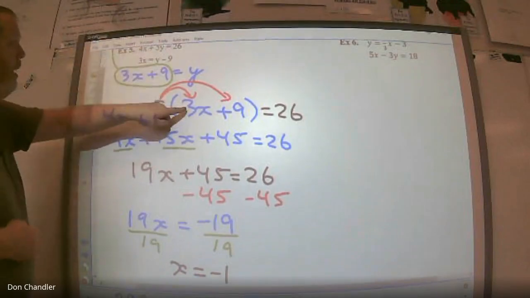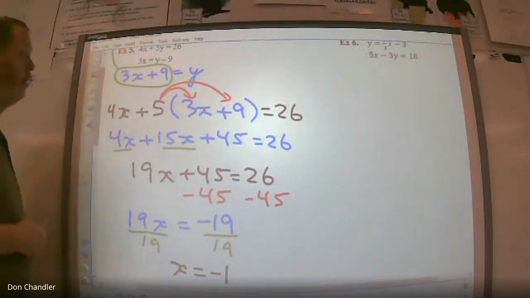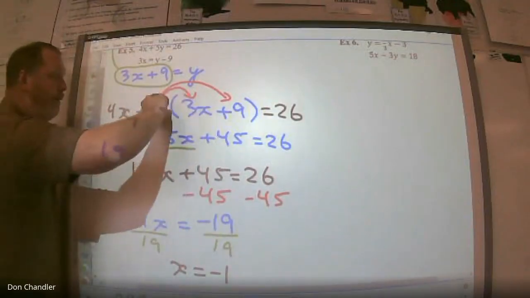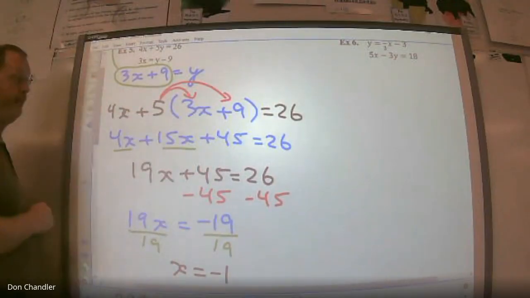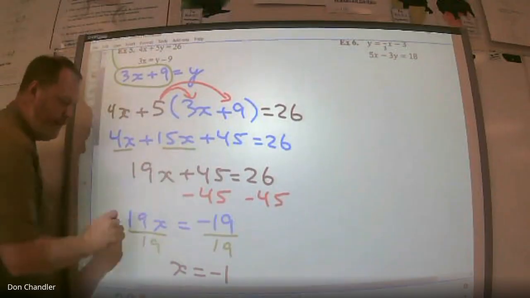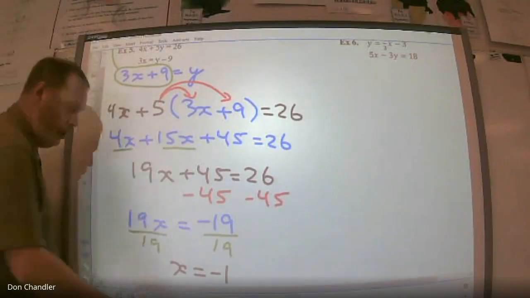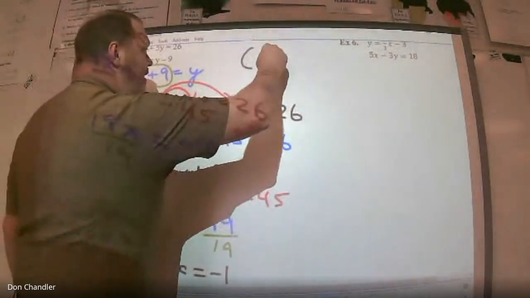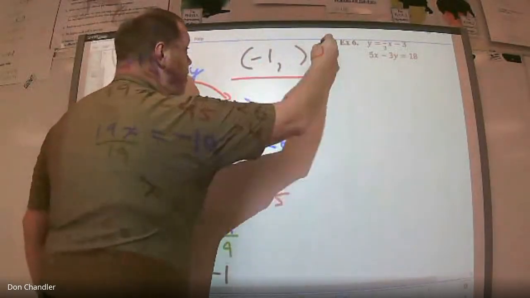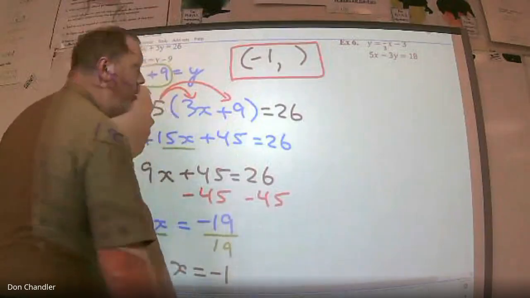Y is 3x plus 9. Then 26 black. Fire the 5 into the bracket. Combine up like terms, and I figured out that x was negative 1, which means my answer is negative 1, comma, something. I don't know what the something is, but it's something.